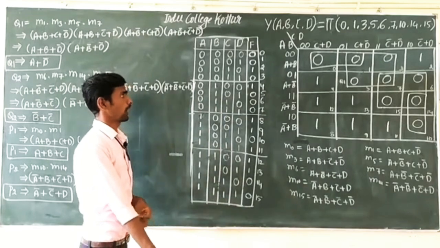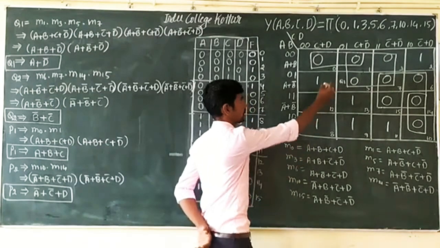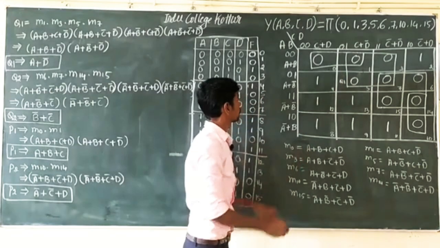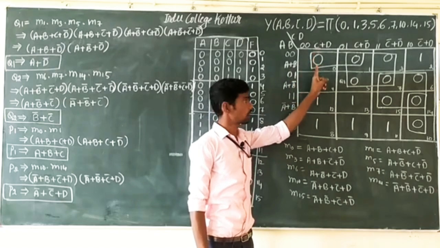First, quad 1. Here is the M0 value. It is intersected in the first row and the first column.